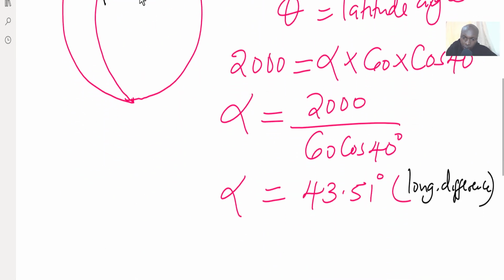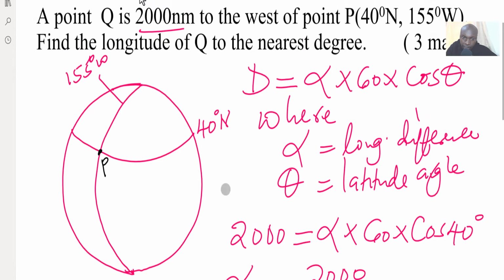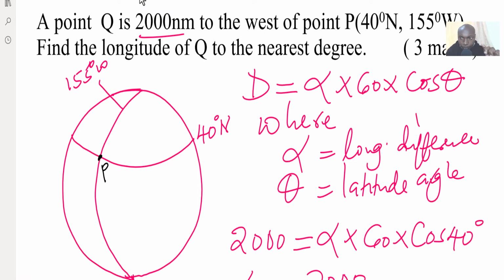Therefore, the longitude of point Q will be given by, look at this point P, 155 degrees west. Then Q is moving to the west of that point, and you have the longitude difference.